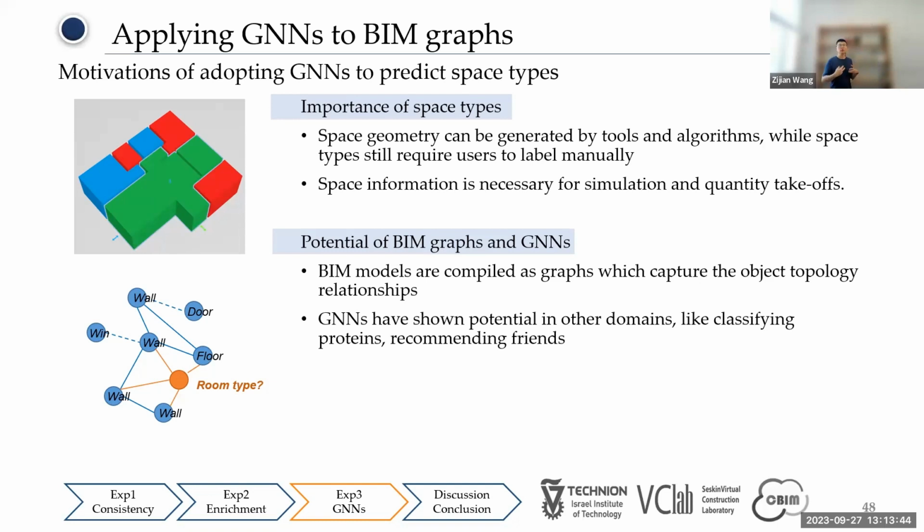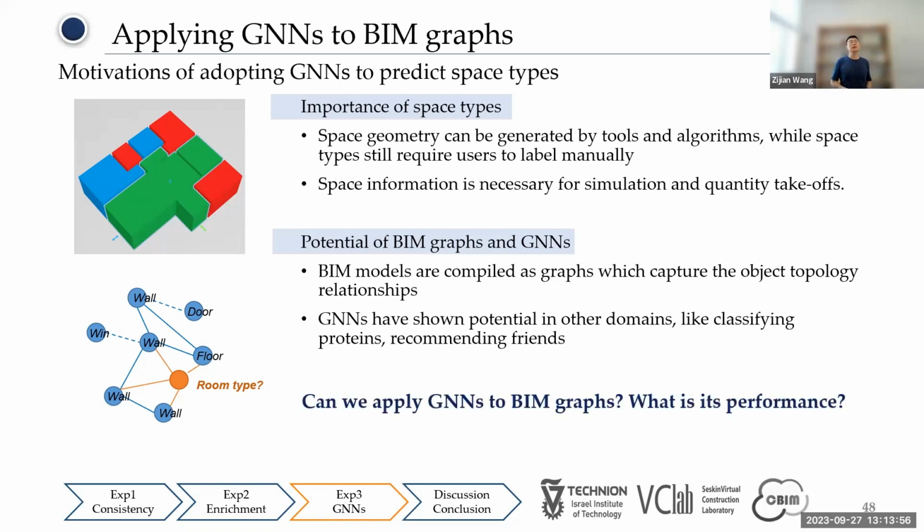For example, classifying the types of protein in biology, or recommending possible friends on Facebook, something like that. So we are wondering whether we can apply GNNs to BIM graphs. If we can, what's the performance?